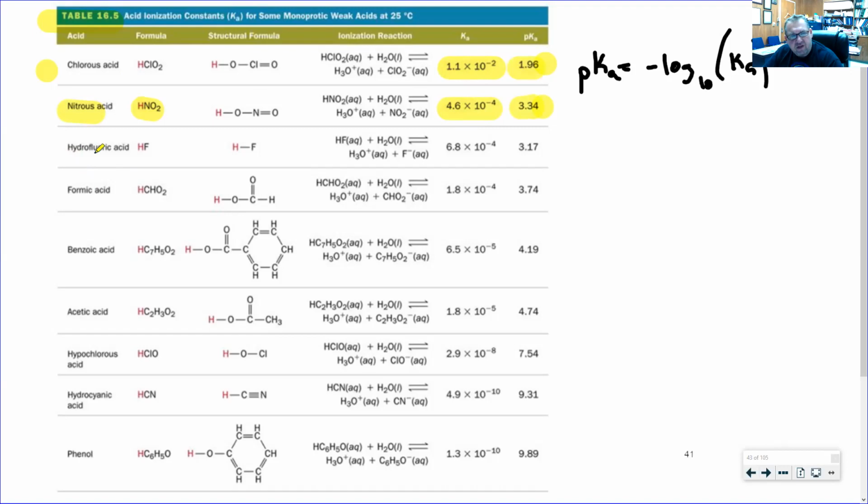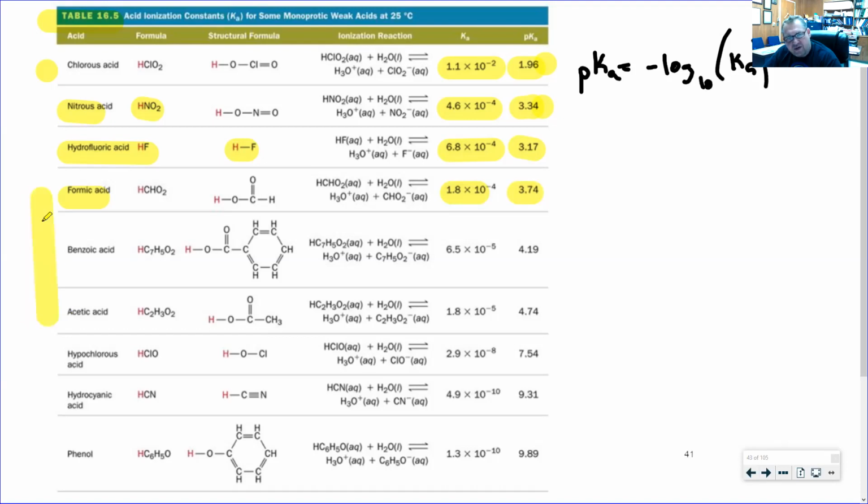Going to something a little bit weaker, hydrofluoric acid, HF, its Ka is 6.8 times 10 to the minus fourth, so its pKa is 3.17. Formic acid is 1.8 times 10 to the minus fourth, 3.74.